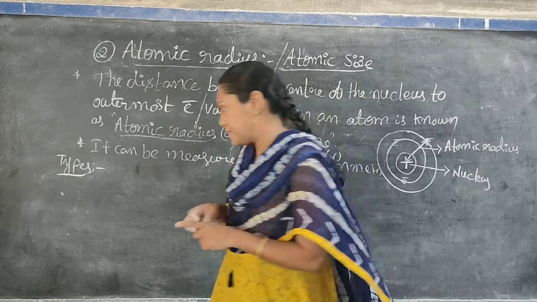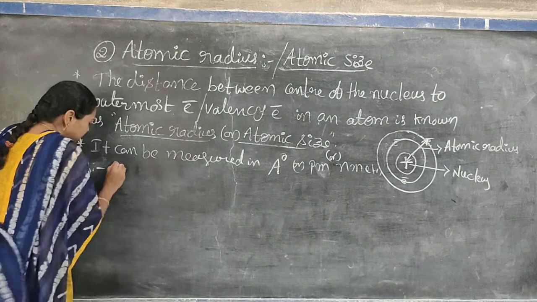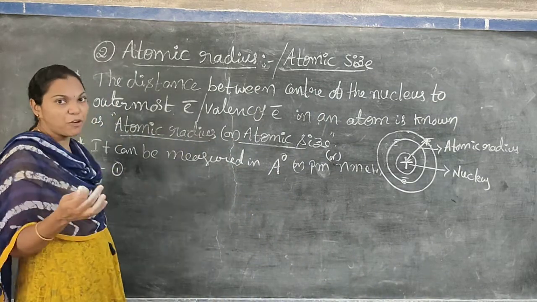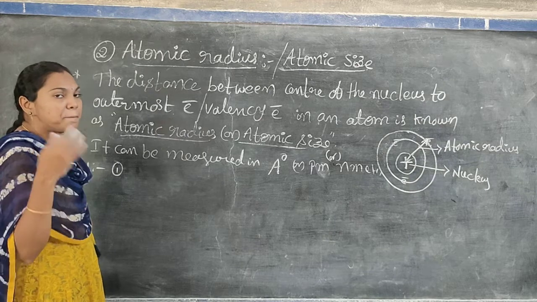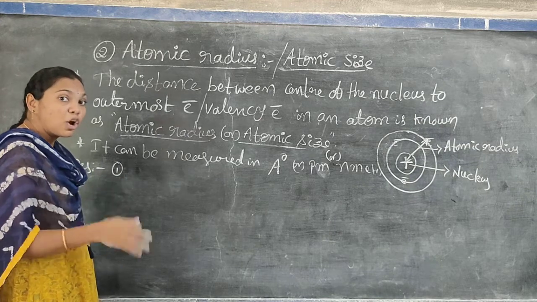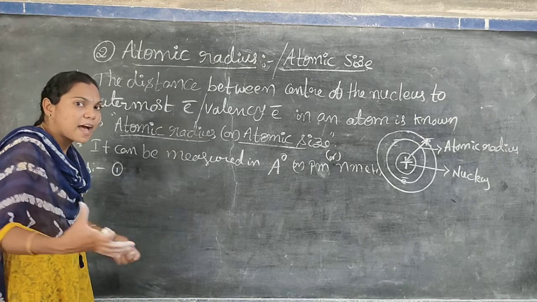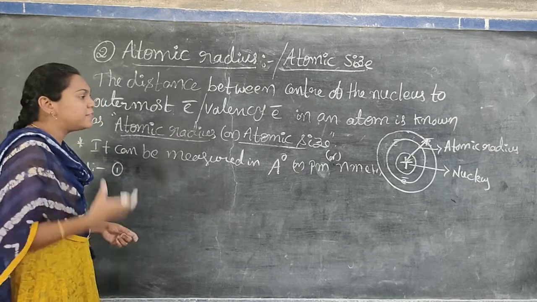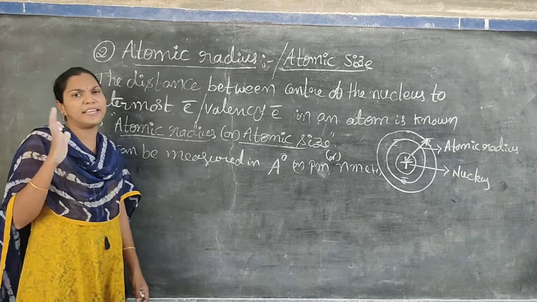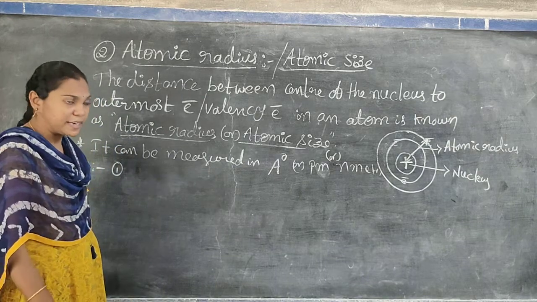Do you understand? There are actually five types. But non-metallic radius and non-bonded atomic radius cannot be explained exactly with examples; just listen to the names.